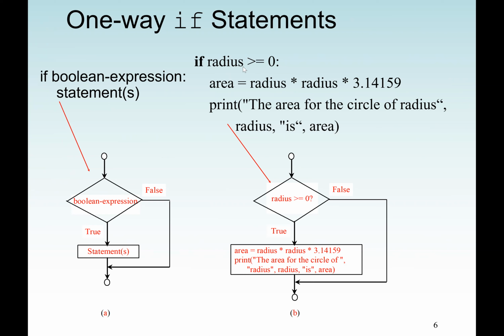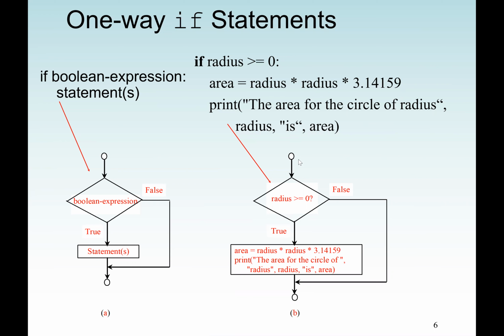Here they say if radius is greater than or equal to 0, then we can find the area of the radius, which will be radius times 3.14159. Then we print the area for the circle of radius. The result we get for the area here will be the result.